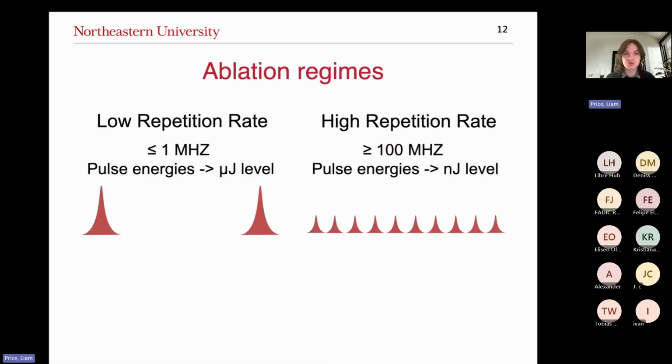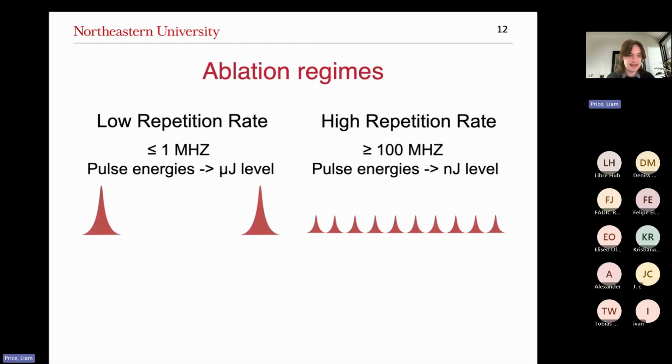It's a very destructive but effective method for ablation. Then you have the high repetition rate regime, with laser repetition rates up above 100 megahertz and very low individual pulse energies. You see a cumulative effect, where each individual pulse can't necessarily trigger the ablation, but as more and more pulses come in, this energy deposition starts to ablate away the material in the region.